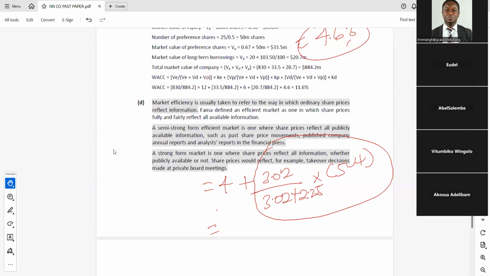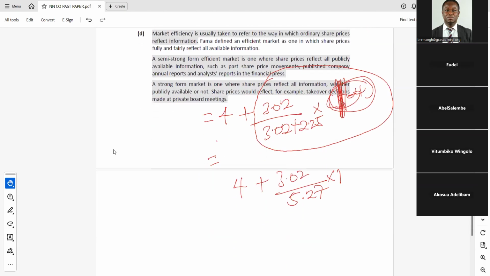So first of all, I need to deal with this side. 5 minus 4 is 1. And 1 times any number is that same number. So I now have 4 plus 3.02, then if I add 3.02 to 2.25, that gives me 5.27, times 1. And it's still the same answer, isn't it?